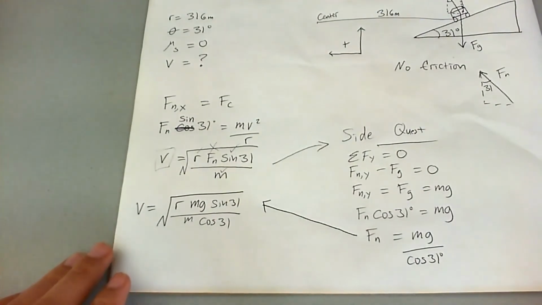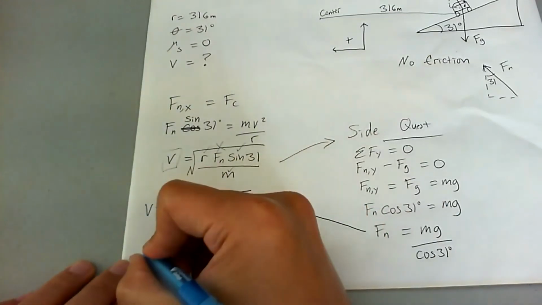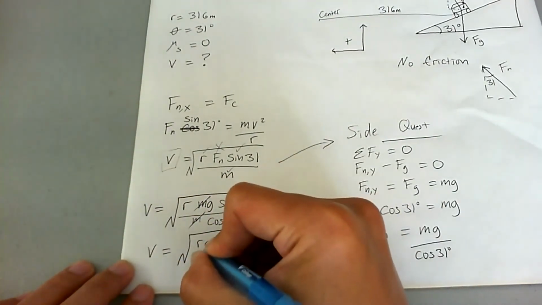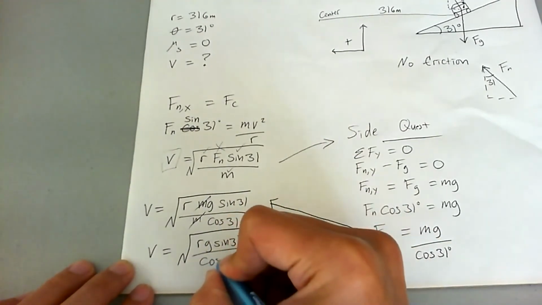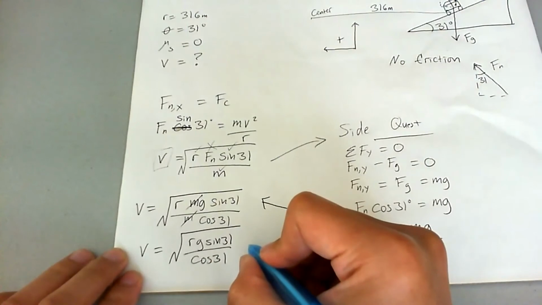I just replaced Fn with this. Again, the m's cancel out, and v will finally be the square root of rg sine 31 divided by cosine 31. We're running out of room here, but I think we can solve this out.